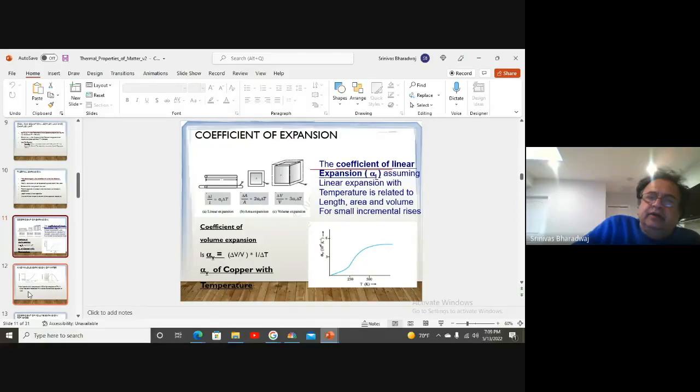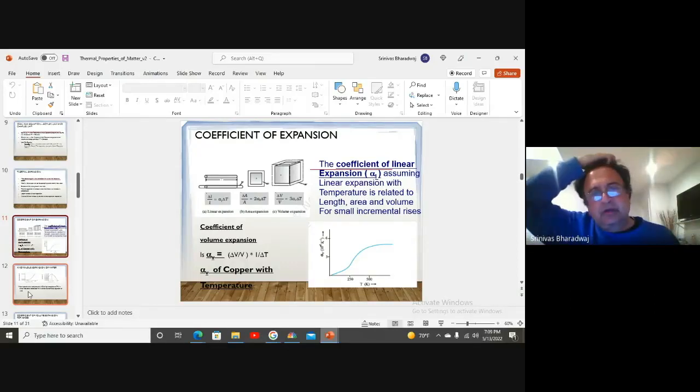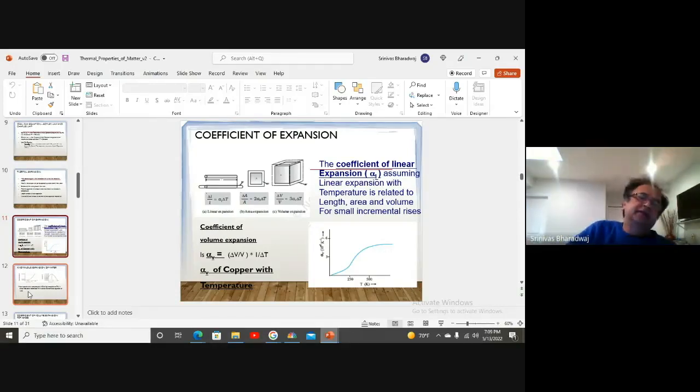When you have volume, the coefficient of volume expansion, called alpha V, is delta V by V divided by delta T. The coefficient of volume expansion is how much it has expanded for each degree increase in temperature. So if the temperature goes up by 1 degree, the volume expansion will be this many percent.